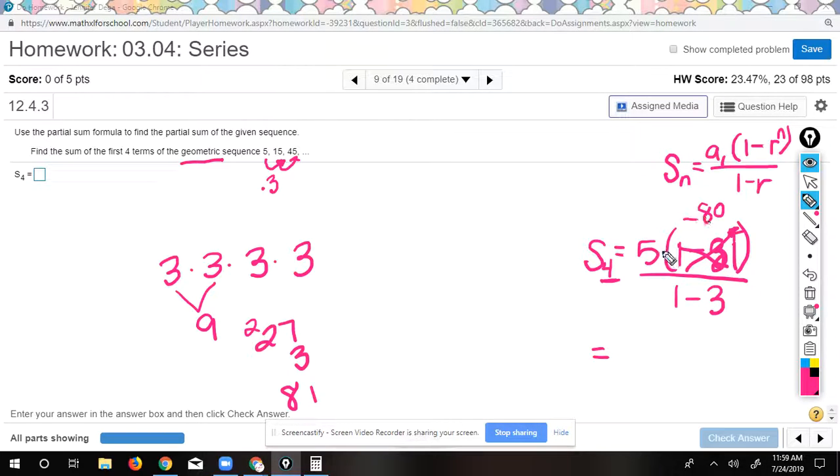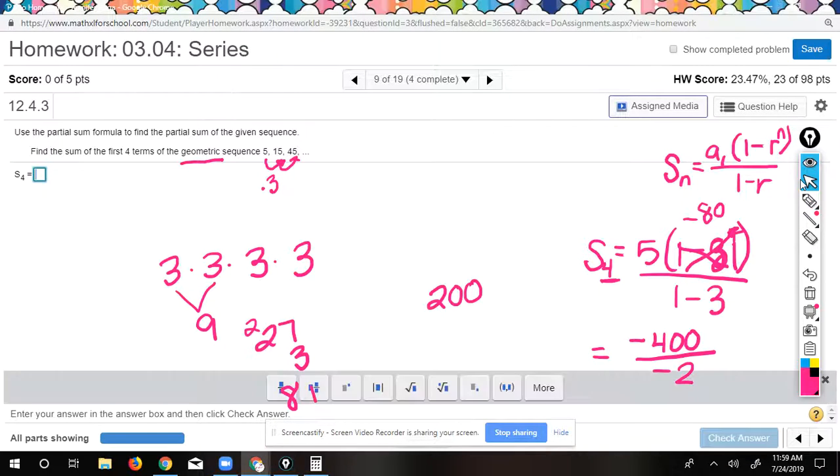Times 5 is going to be negative 400, since 8 times 5 is 40, so I just add another 0. 1 minus 3 is negative 2. And 400 divided by 2 is going to be the same as 4 divided by 2, and you add those 2 zeros. So this would be 200 because the negatives cancel out.